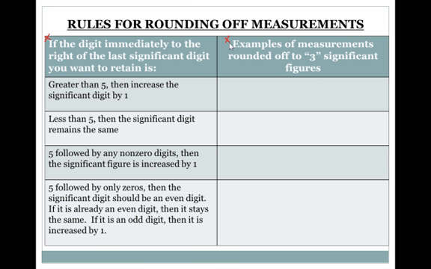Okay, let's look at the first rule. If we want 3 significant figures in our answer, and the digit to the right of the last digit you want to retain is greater than 5, then increase the significant digit by 1. Remember, we're always going to look at the 1 digit to the right of the last digit we're looking to retain.